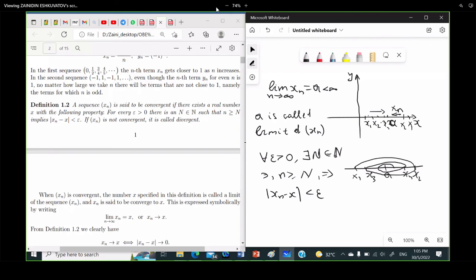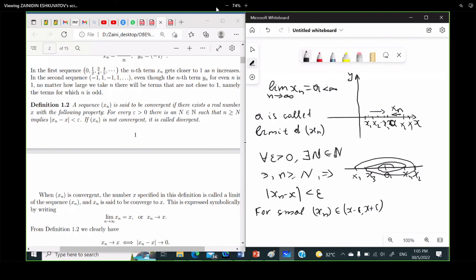So this means that for small epsilon, all the values of xn lie in the epsilon neighborhood of x.